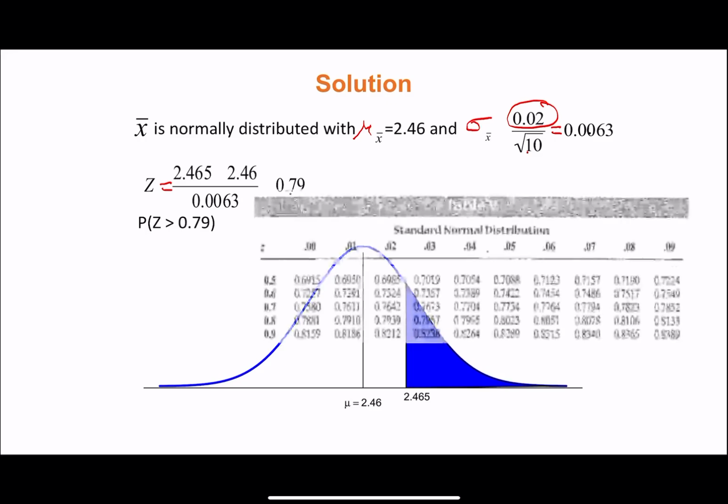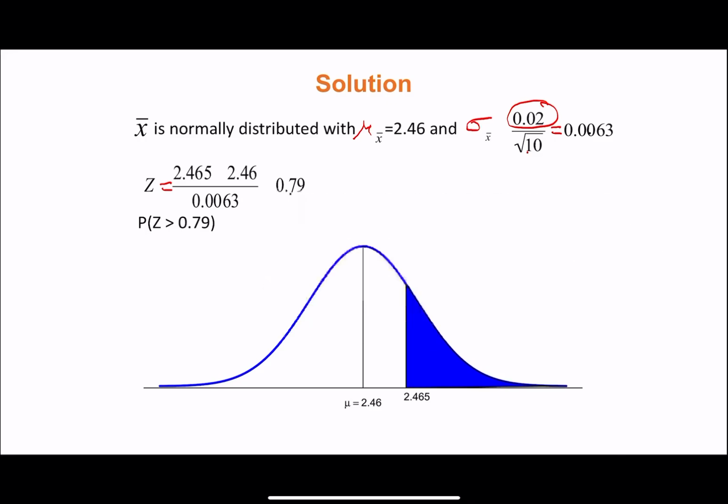Remember, in order to calculate a z-score, we take our given point, so what we're looking for, minus the mean. The data point that we were looking at, remember, was 2.465. So 2.465 minus the mean divided by the standard deviation.